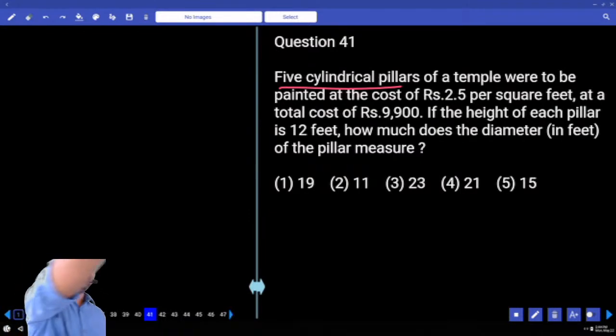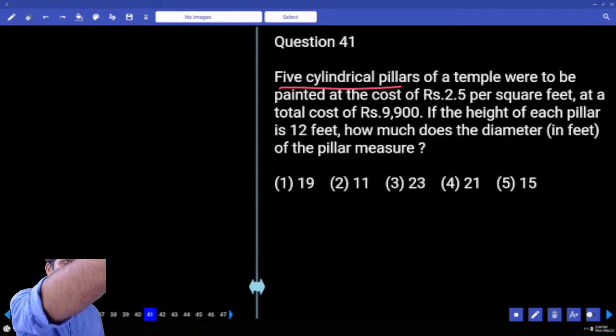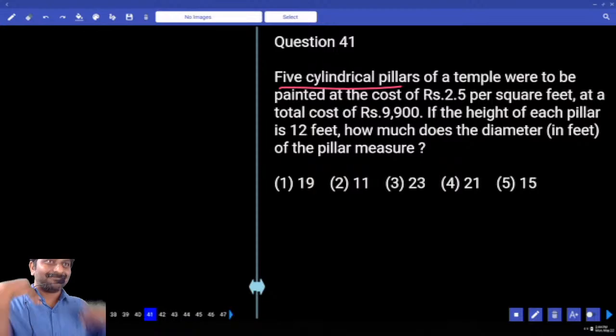Same bench, last person. Have you completed your course? No. Last bench, fourth person. Have you completed your course?